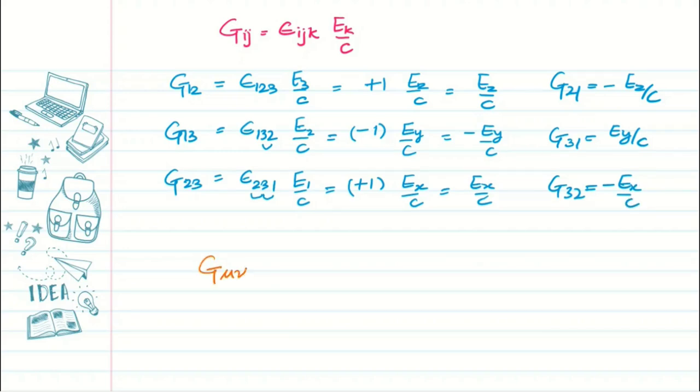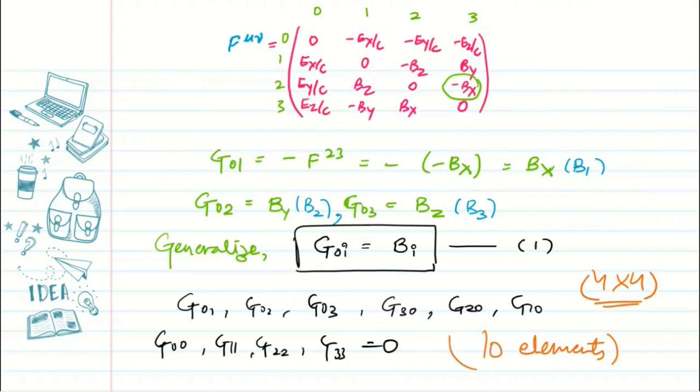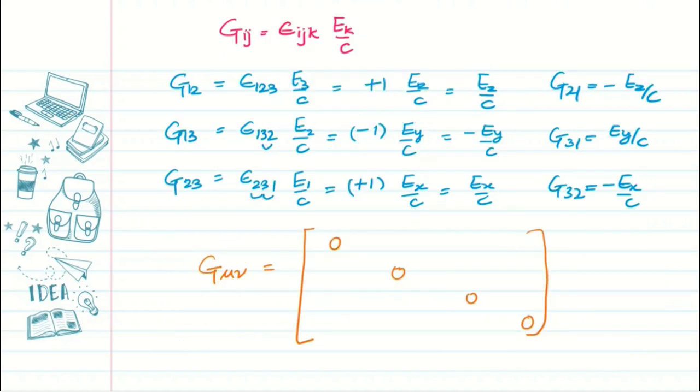So let's write the diagonal elements to be 0 first. And we know the time-like and space-like elements. So G01 is Bx, G02 is By and G03 is Bz. Similarly, we can write the antisymmetric counterparts with the negative sign: minus Bx, minus By and minus Bz.